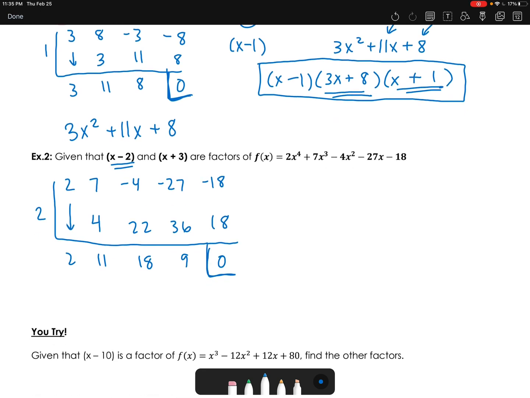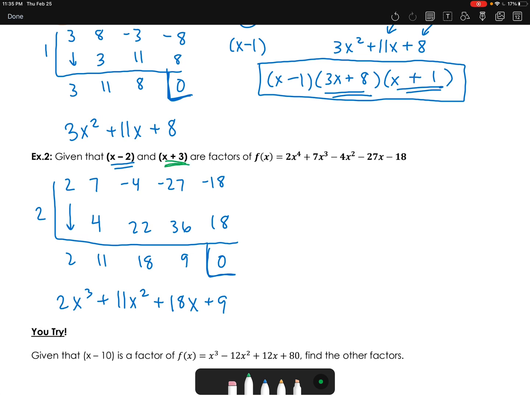So now our new polynomial, remember we always go one less in the exponent, so we have 2x cubed plus 11x squared plus 18x plus 9. So I don't know about you guys, but there's no way for me to factor this. You could try factor by grouping, but you're not going to get anywhere with that.